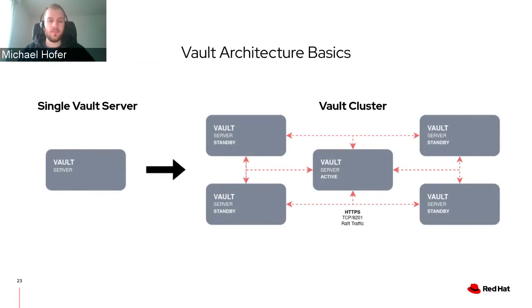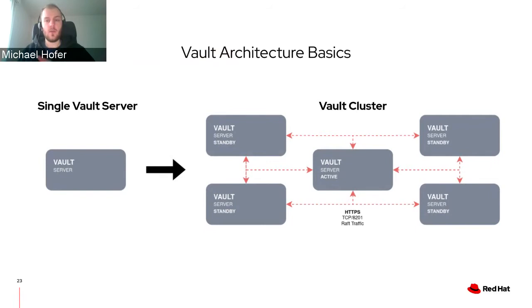In a Vault cluster, you typically have 3 or 5 Vault servers, whereas only one Vault server is active at the moment. That active node will take care of processing all the requests and workflows that come in. All the other Vault servers in that cluster are in the so-called standby mode.